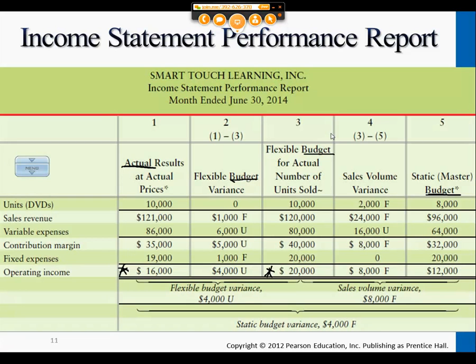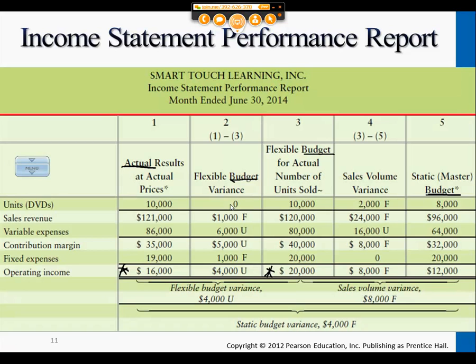The flexible budget variance is the difference between the actual results at actual prices and the flexible budget for actual numbers of units sold. So you calculate 121,000 minus 120,000 is 1,000, and it's favorable, right? Why is it favorable? Because your actual is greater than your flexible budget number, so your sales revenue is greater for actual numbers.